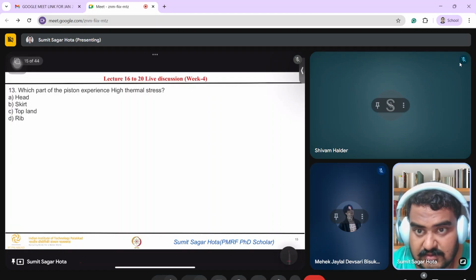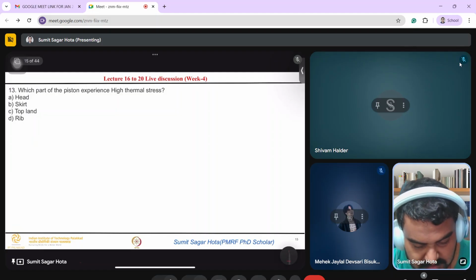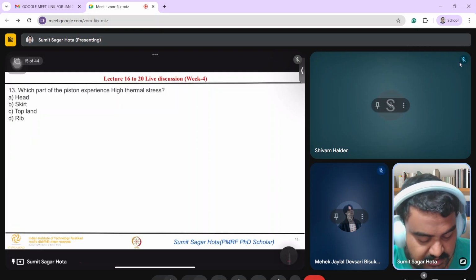Which part of the piston experiences high thermal stress? Obviously that's the head, where the combustion will start and propagate towards the bottom dead center.